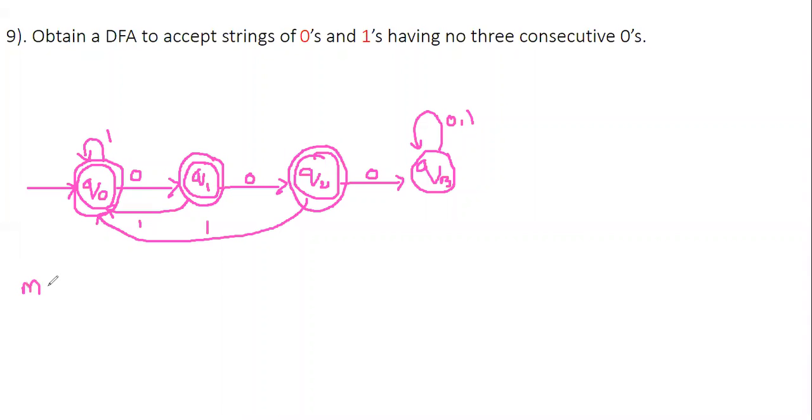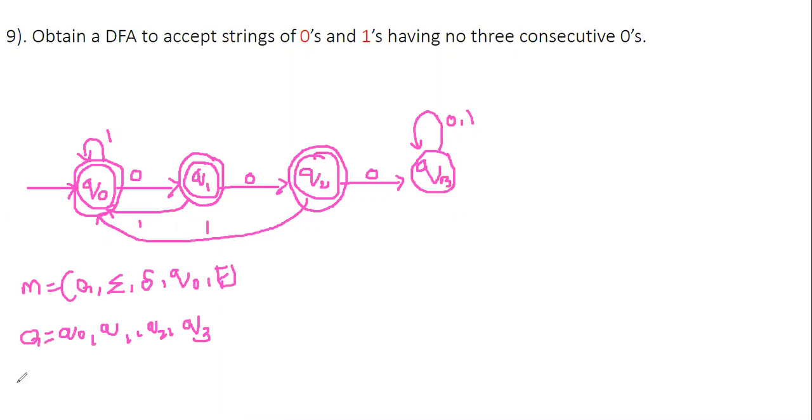Okay, so your M will be equal to (Q, Sigma, Delta, Q0, F). Then your Q will be equal to {Q0, Q1, Q2, Q3}.